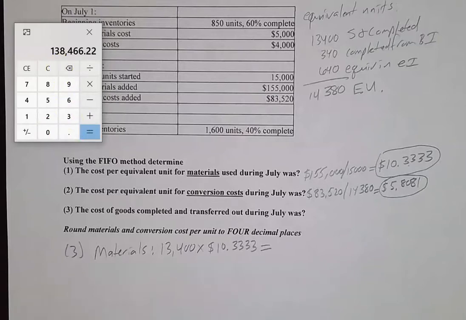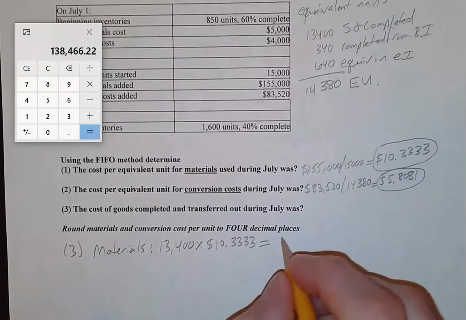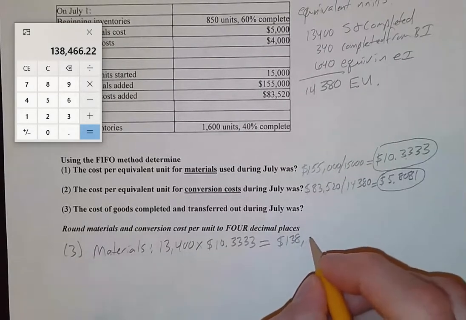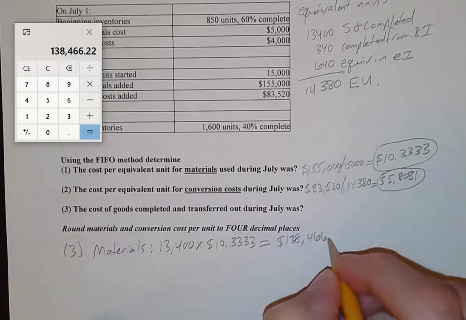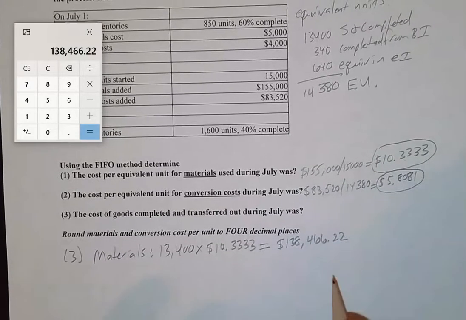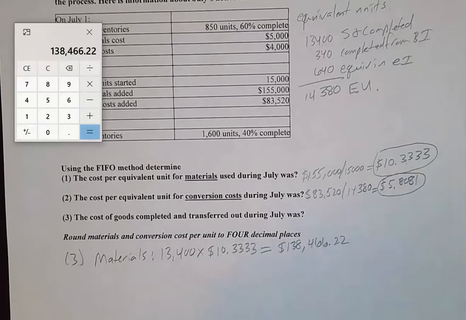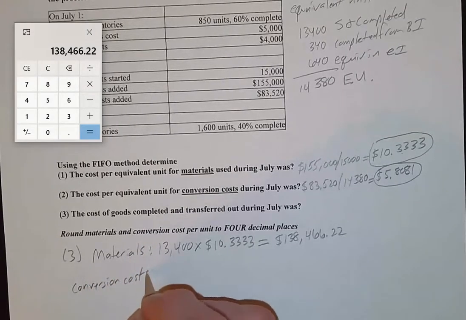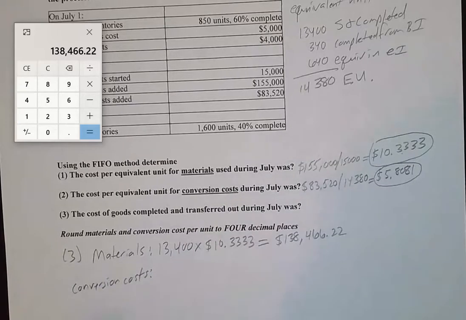And that's going to come up to $138,466, and I'm just going to be really precise and put the cents on there as well. However, for conversion costs, it's a little bit different.